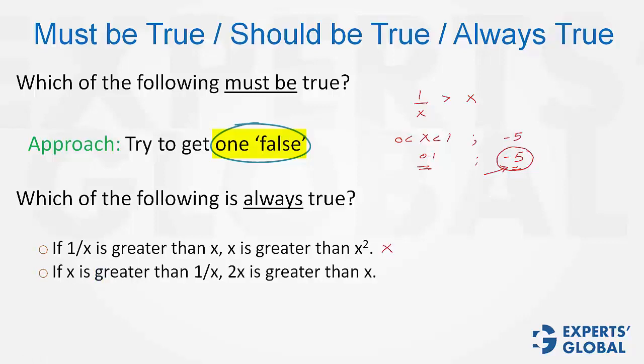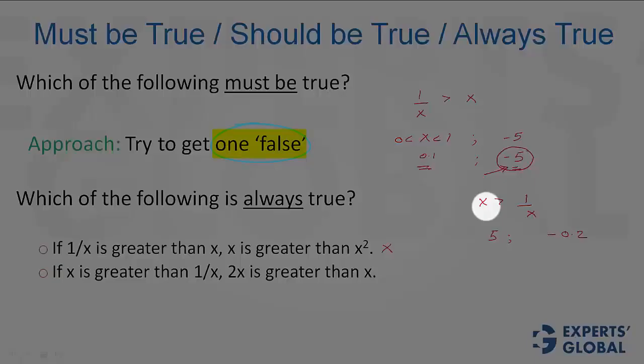One more case. If x is greater than 1 divided by x, is 2x greater than x? When is x greater than 1 divided by x possible? This is possible for big positive values, say x equals 5, but it is also possible for small negative values, say x equals negative 0.2. See, negative 0.2 would be greater than 1 divided by negative 0.2, which is negative 5.